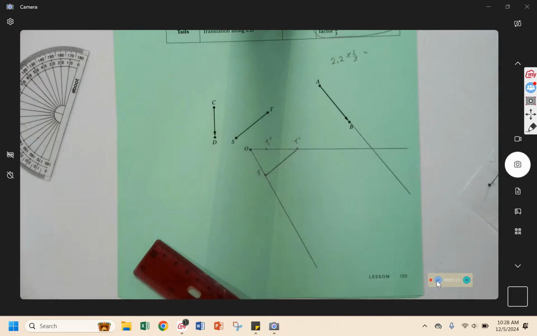We'll begin by flipping the coin for number 4. Tails. And tails again. So we're going to start by dilating from O using a scale factor of 3.